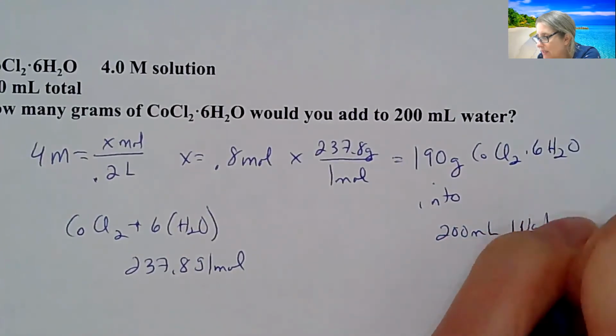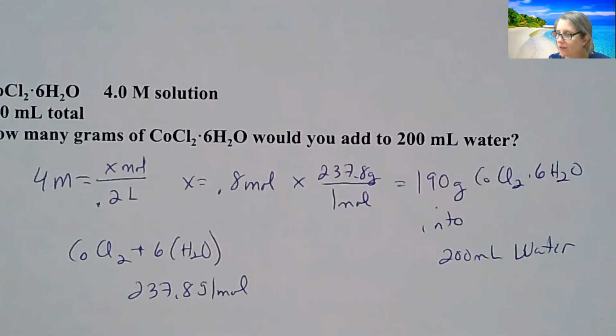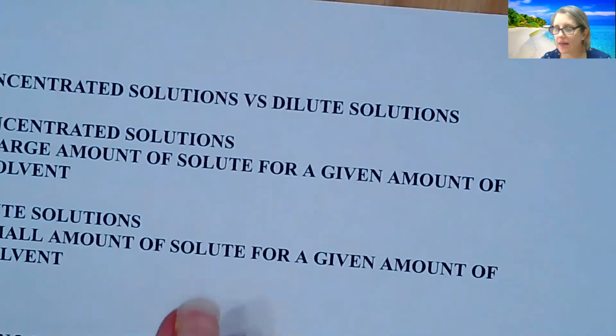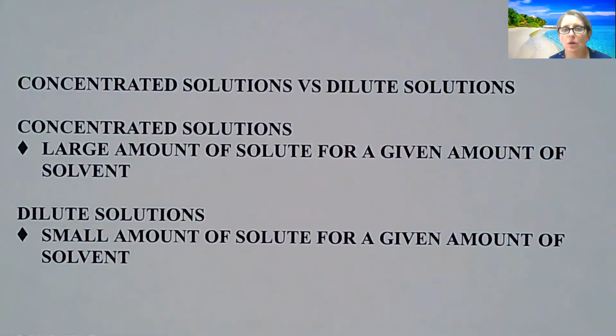Well, we know that if I dump a solid into water, it is going to change how much volume I have in there. So we are going to talk about how we actually make up this solution. But before we get to that, just 2 terms you're going to hear me use going forward.